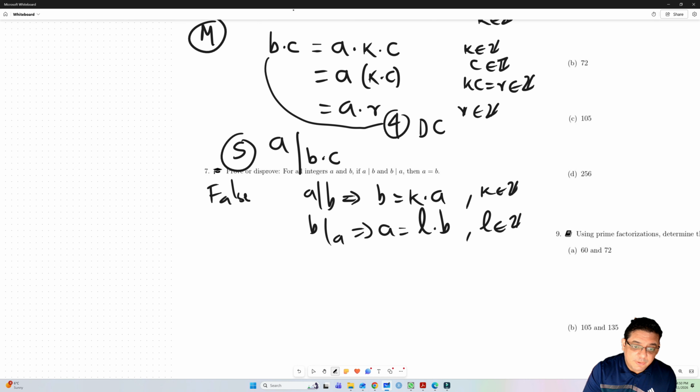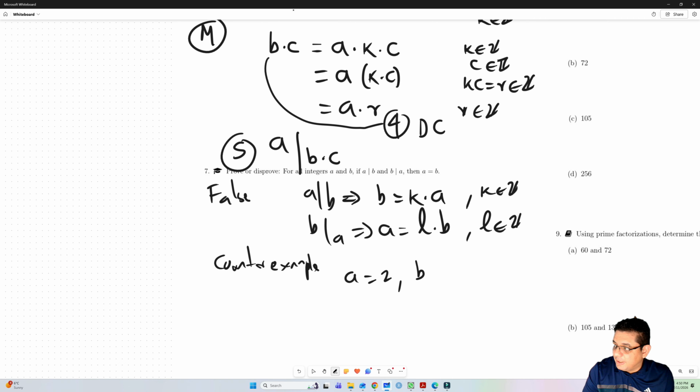So let me give you a counterexample. So let's go with a equals 2, and then b equals minus 2. Okay, so here, notice that 2 divides minus 2, since in particular minus 2 equals minus 1 times 2.